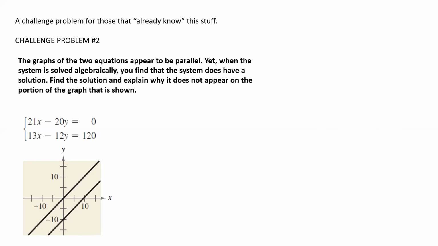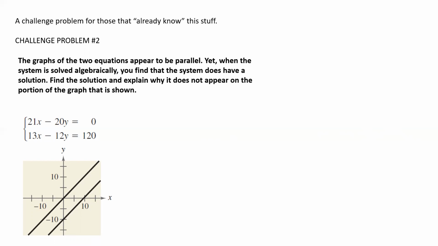So challenge problem number 2. In case you say, no, Mr. Angie, I already know this stuff backwards, forwards, upside down, and sideways, totally, I know the elimination method, I learned it in Algebra 1, then the fun part here is all yours. There are 2 equations.